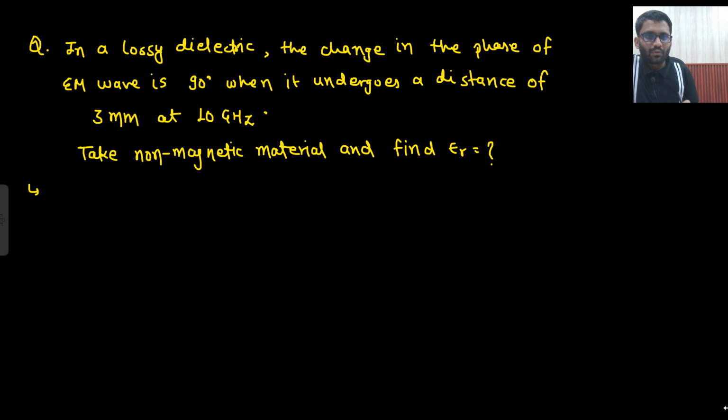So change of phase is 90 degree when it undergoes a distance of 3 mm. Can you tell me what will be your beta value? From this information, can I get the value of beta? Yes. How will I get the value of beta? Beta is change of pi by 2 for a distance of 3 mm. Or I can write down change is 90 degree. 90 degree means pi by 2 only.